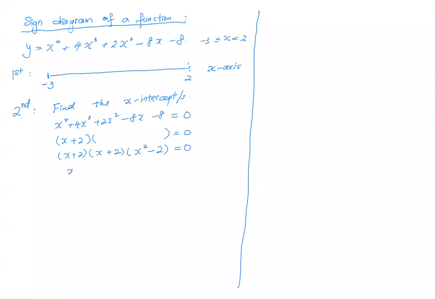So we know that there are 3 x-intercepts, correct? So after you get the x-intercepts, first prepare the x-axis, then find the x-intercepts. That means you put y equal to 0 and look for x. Then for the third step, you mark the x-intercepts.